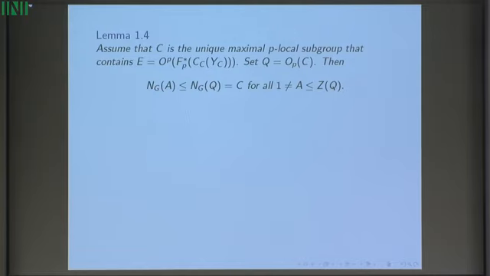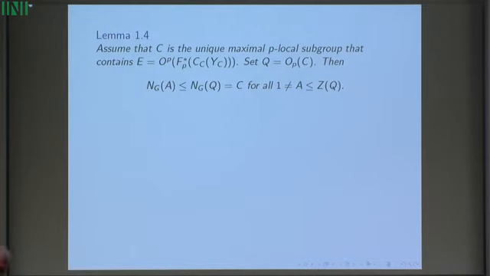Well, in that case, assume that C is the unique maximal p-local subgroup that contains this E, whatever that E means. Set Q equal OP of C, then NG of A is contained in NG of Q, which equals C for all A contained in the center of Q. So this is a statement I want.